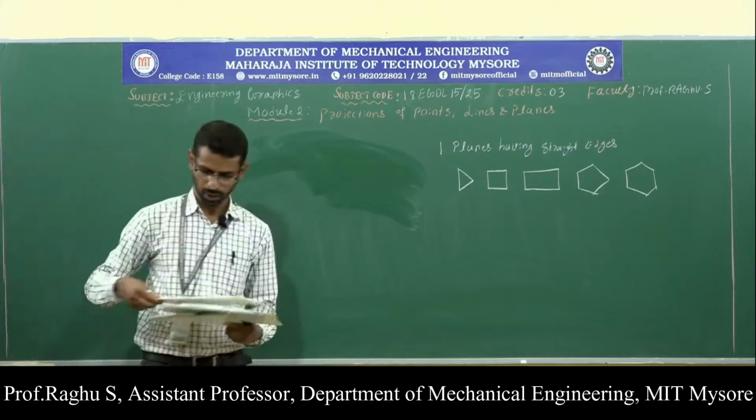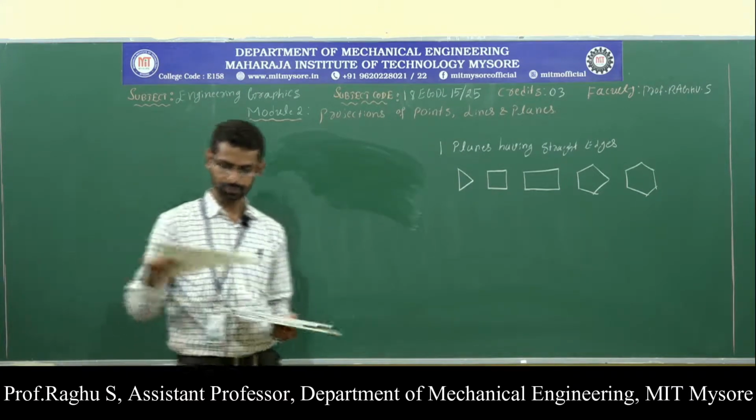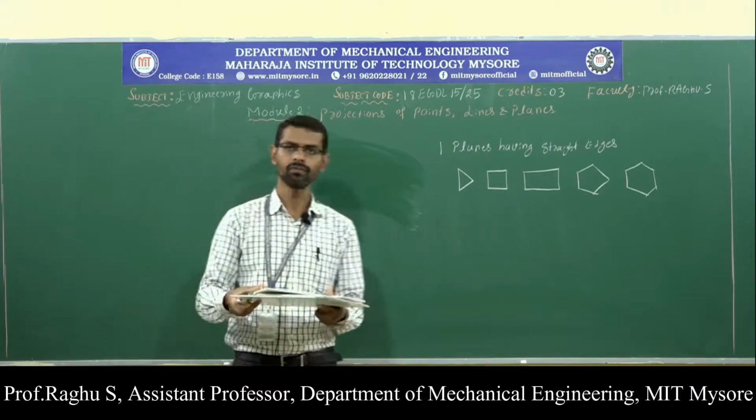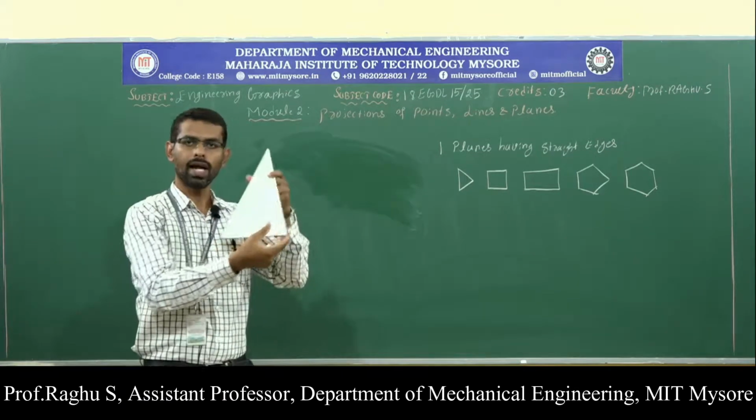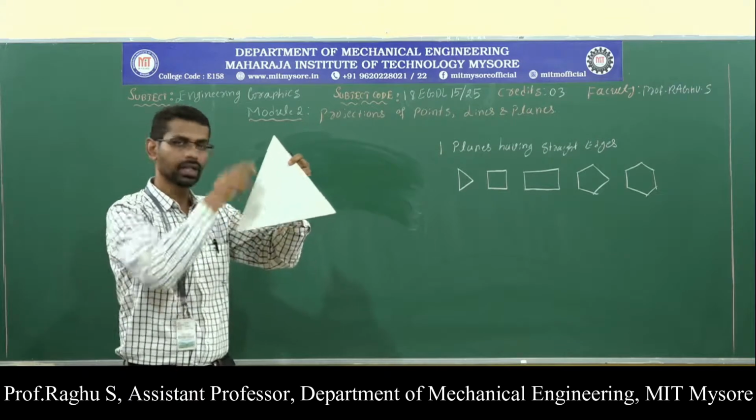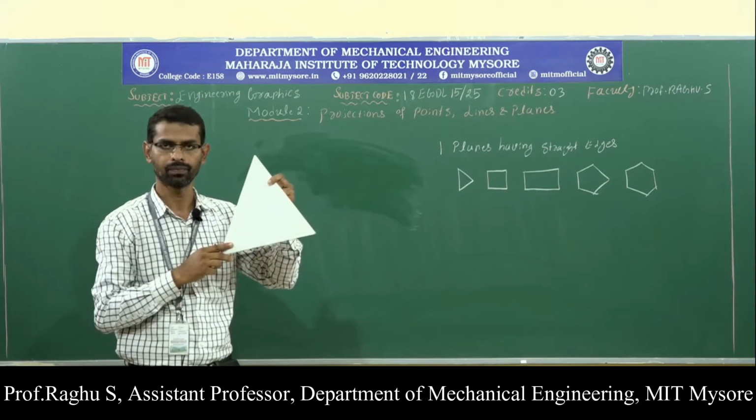Here the first one, triangular lamina. It consists of 3 sides and 3 angles.